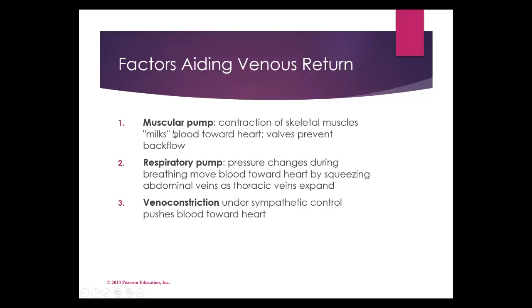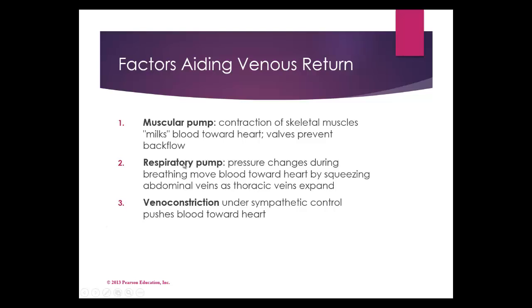The first one is the muscular pump: we have major veins running through the skeletal muscle, and as the muscles contract, as we're walking, for example, that helps return that blood to the heart. Remember that veins have valves, and valves are an important component of this muscular pump because every time the muscle squeezes on the vein, it pushes the blood upward, but the blood can't flow backward again with gravity because of the presence of the valves.